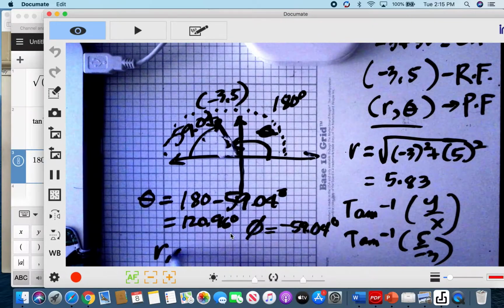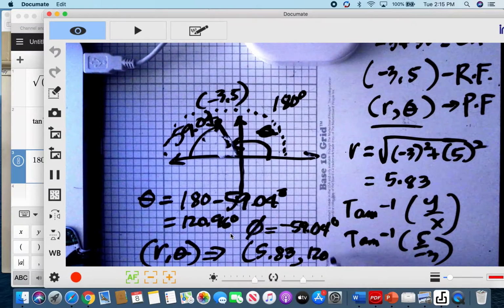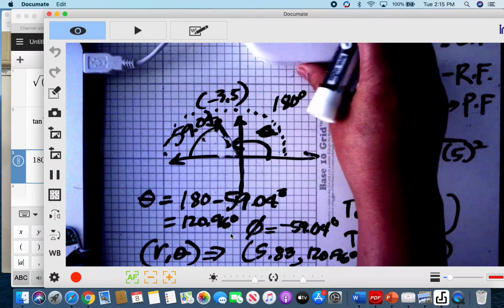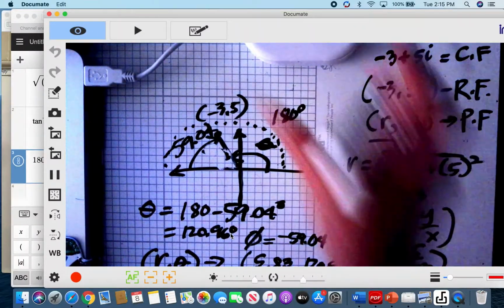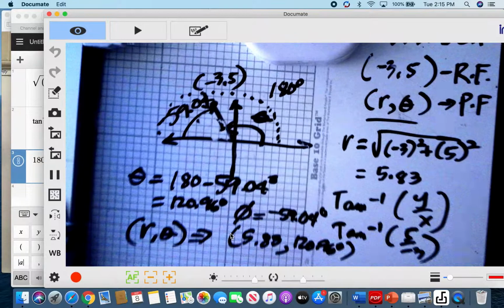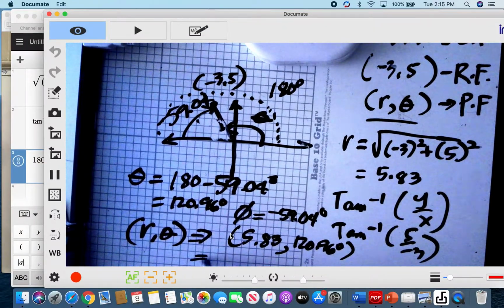The R angle form or the polar form of our rectangular form negative 3, 5 is also the same as this polar form, that is 5.83 and an angle of 120.96 degrees. You can also write it like what we had, equivalent to 59.04. This can also be written as 5.83 and negative 59.04.